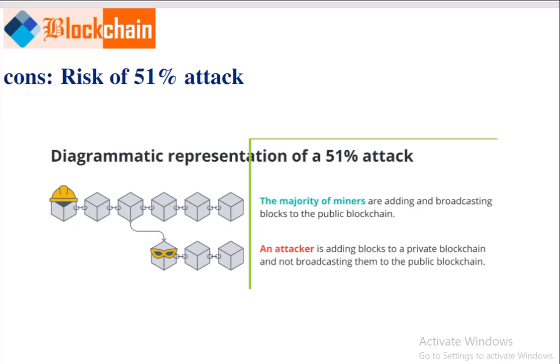In the proof of work system, if a group of people controls more than 50% of the network computing power, they would create a risk of eavesdropping or hacking the transaction data or financial details.